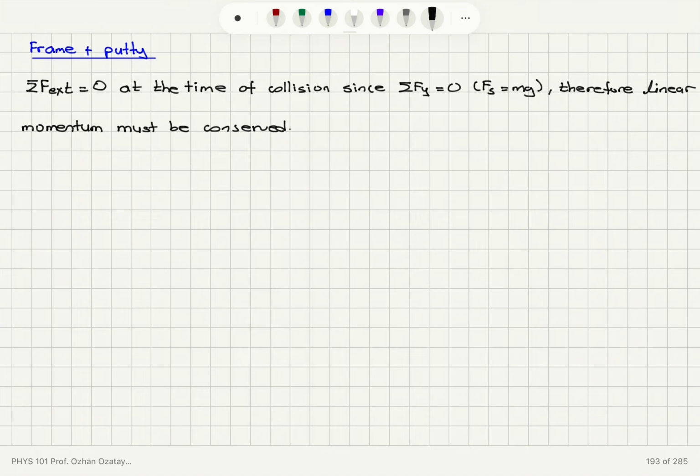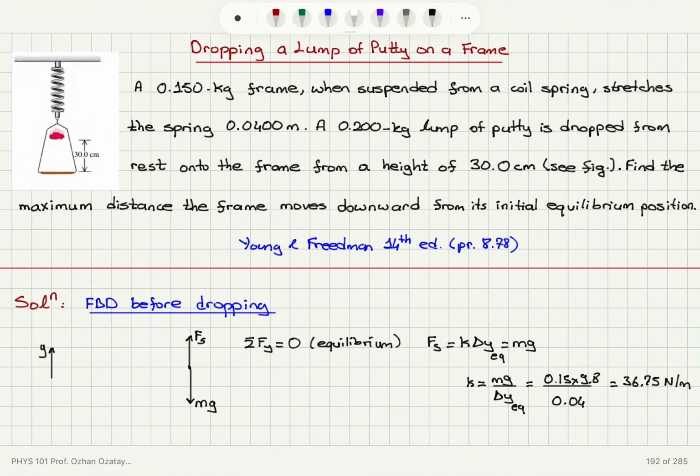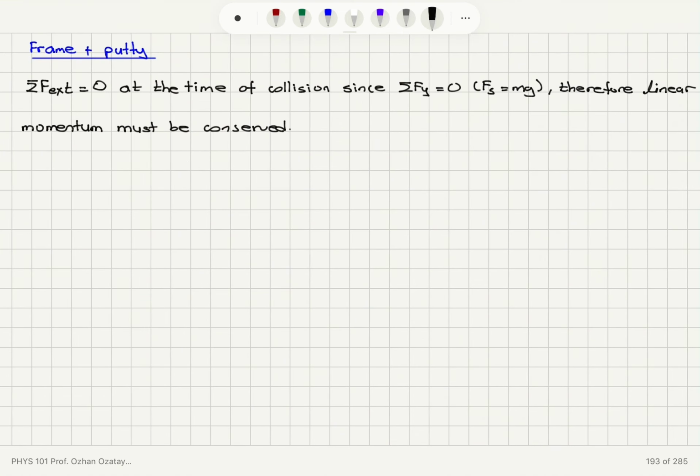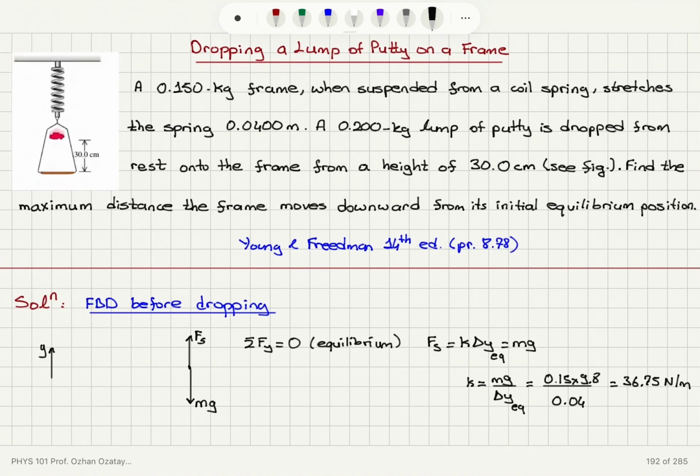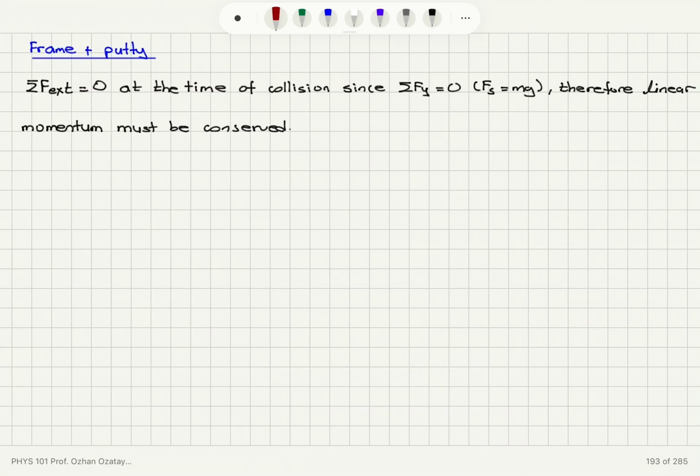Okay, so about this putty being dropped, it's released from rest onto the frame 30 centimeters below it. We have the gravitational acceleration g pointing down, and this is going to be a free fall onto the frame. So we can write the distance we travel is 1/2 g t squared, that is 0.3 meters.